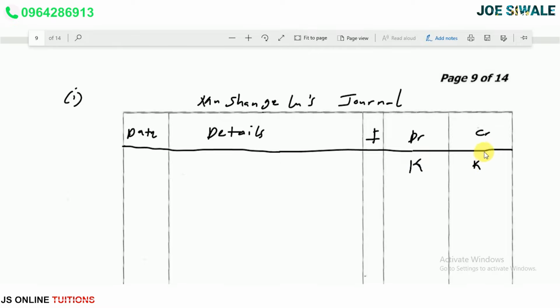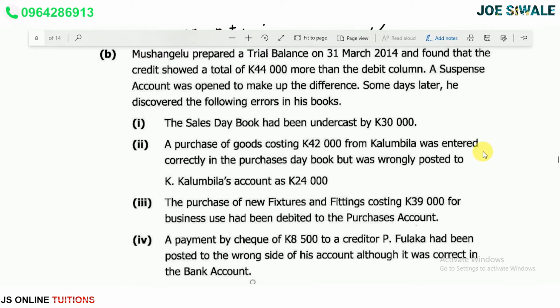So let us look at Roman numeral 1. A sales day book had been undercast by 30,000 kwacha. And we know that the sales day book actually has a credit balance.